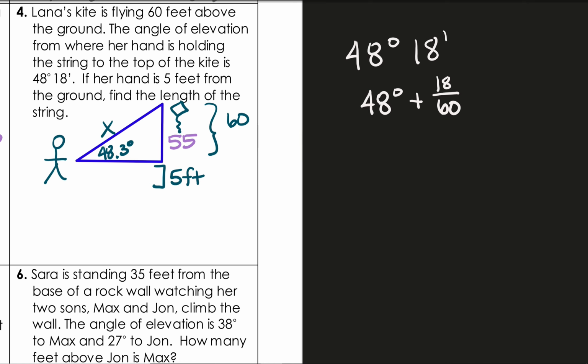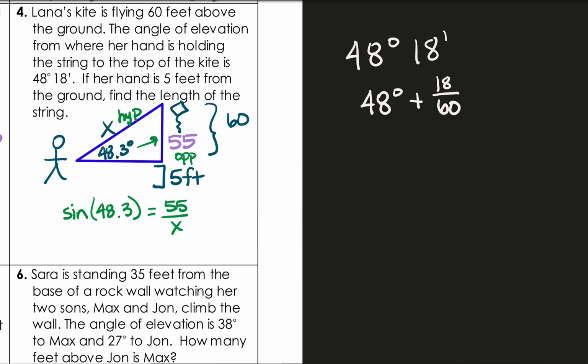So now we have the opposite here, and we have the hypotenuse because it's across from the right angle. So we have the sine of 48.3 degrees equals the opposite leg, 55, over the hypotenuse.